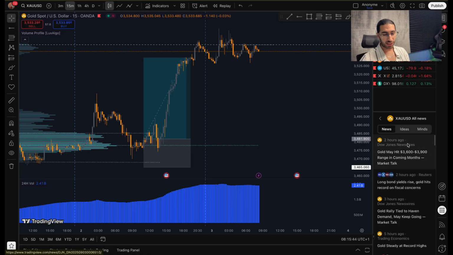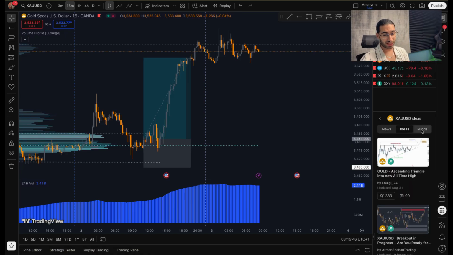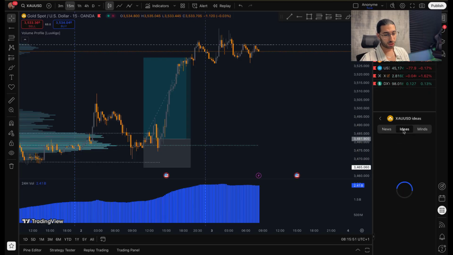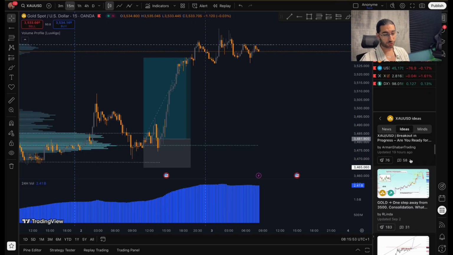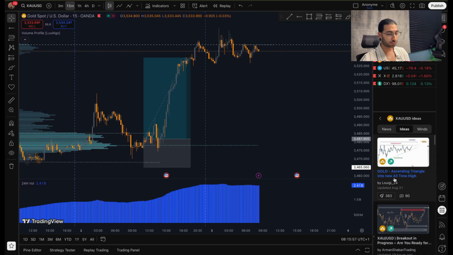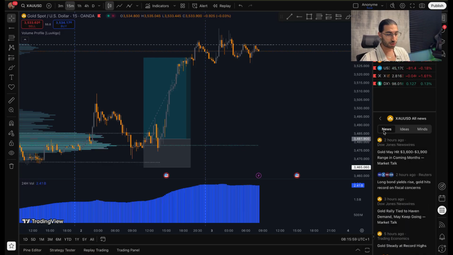And this is nice because on TradingView you also have ideas, so you can speak your mind about what you think. You can read other people's ideas, although be aware they're not always true. A lot of them can be wrong.